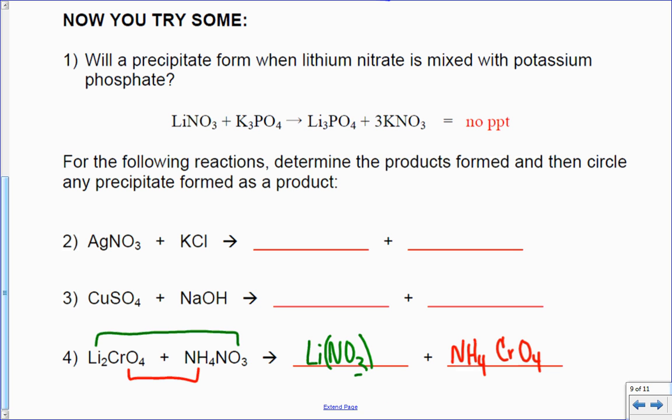Now, next piece. NH4 is ammonium ion. Look it up in table E. It is a +1. And chromate, CrO4, is a -2. So I crisscross the 2 down here, I crisscross the 1 down here, and rewrite it. So what I'm going to do is erase so I can rewrite.